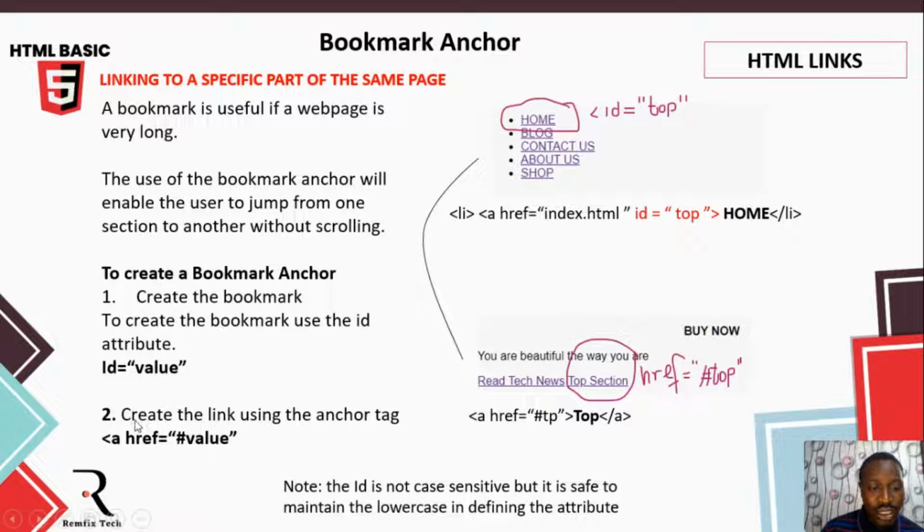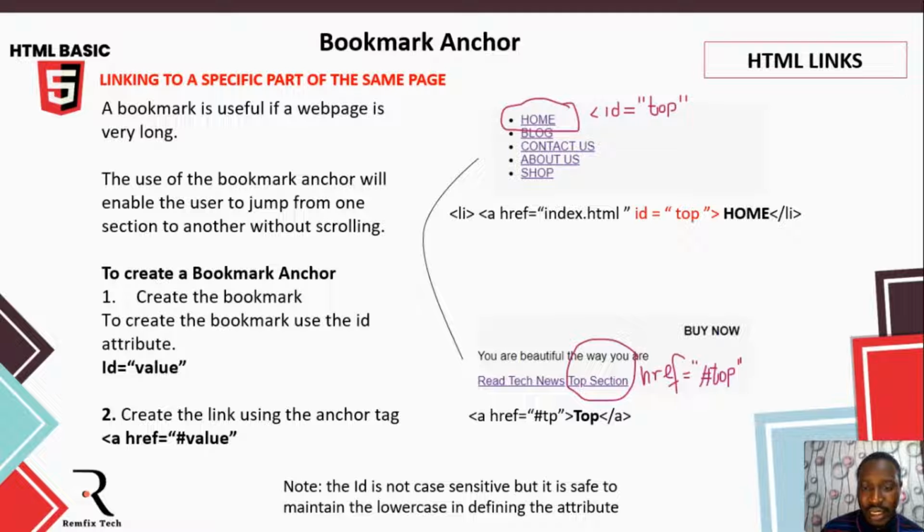The second thing is that you have a link, where when the user clicks on it, it will go to that particular section. I have an example here. Let's say this is the head of my blog and this is the bottom part. What I want to do is create a link that once the user clicks on the top section, it takes me to the header of my page, right?